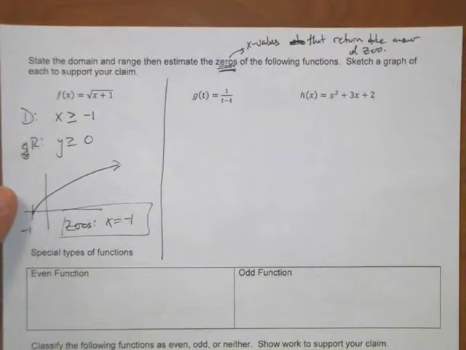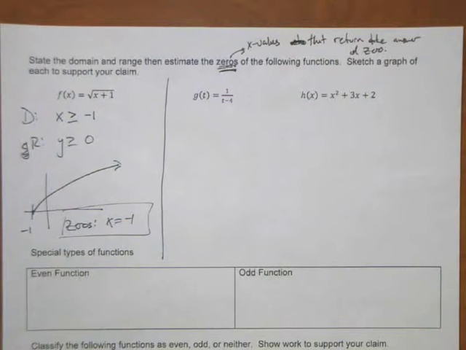What's the next one? Anyone know what this thing looks like? This was kind of weird. It's a straight line. Ooh, it's not a straight line, but it has something that looks like one.